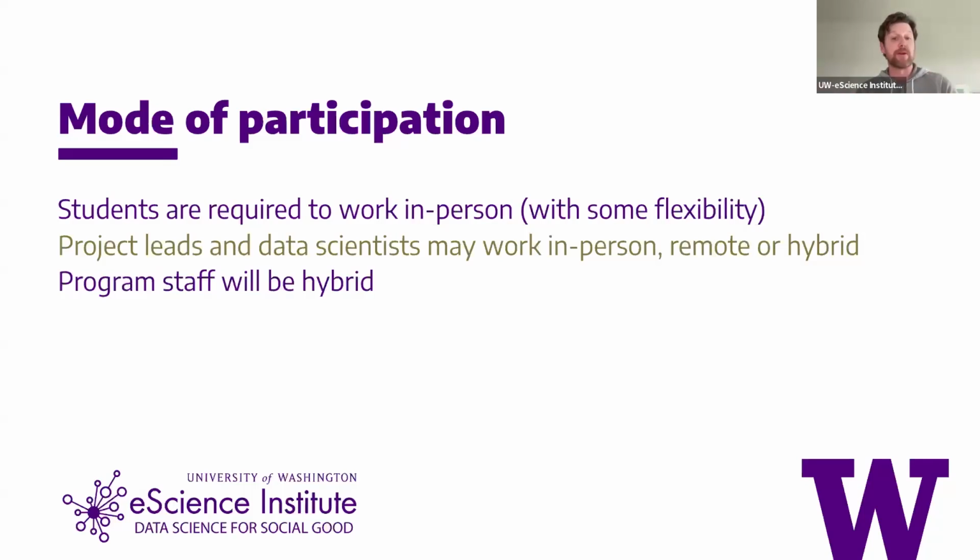They may be on campus, you might be remote, you may be hybrid, depending on the project and on your physical location and availability. Program staff such as Anissa and myself, we will be hybrid. I mean, we are based in Seattle, meaning that sometimes we'll be in the office and sometimes we'll be telecommuting that day, but we will be in Seattle for the duration during the summer.